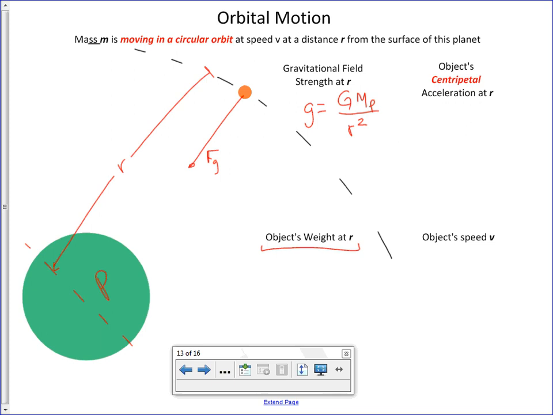We've seen the case where an object on a circular loop maybe just lost contact, and mg points towards the center there. That's a time when gravitational force can act as centripetal force. But in this case, it's everywhere. Here's the planet, here's the satellite. Everywhere on the satellite's circular orbit, mg points in. Mg acts as the centripetal force.